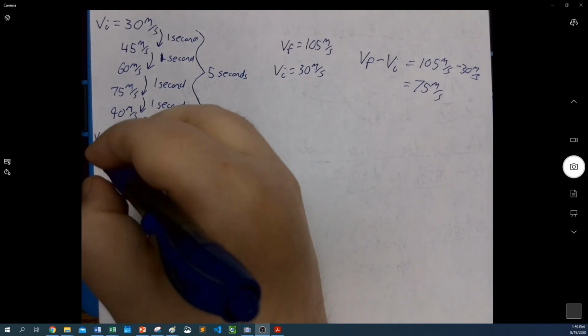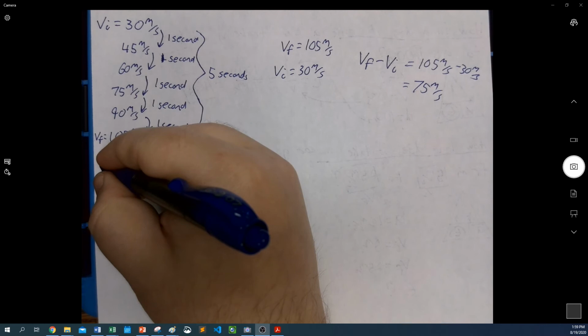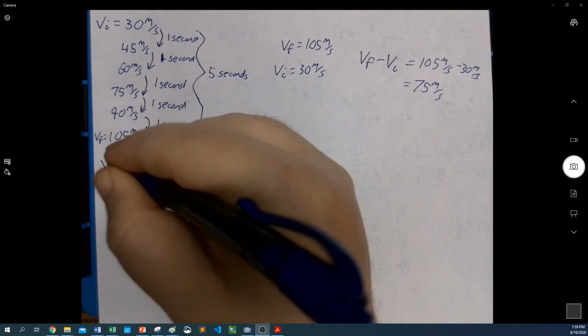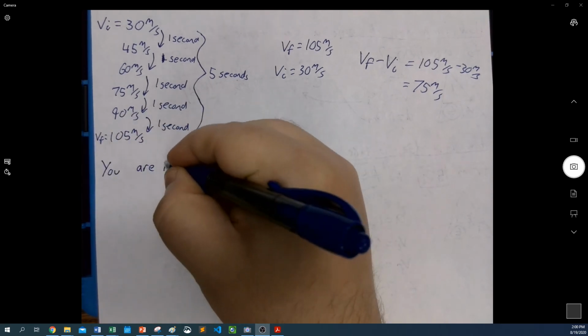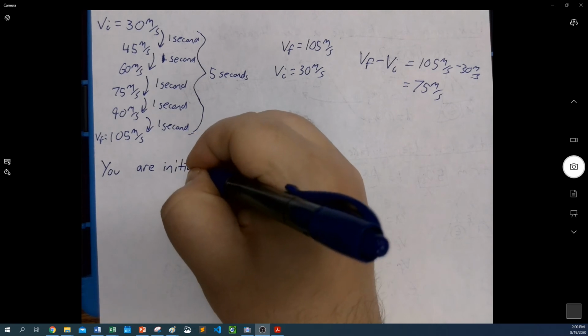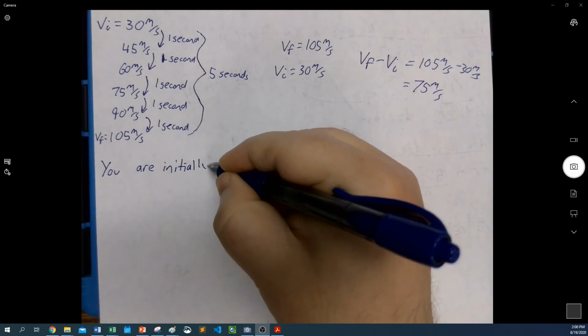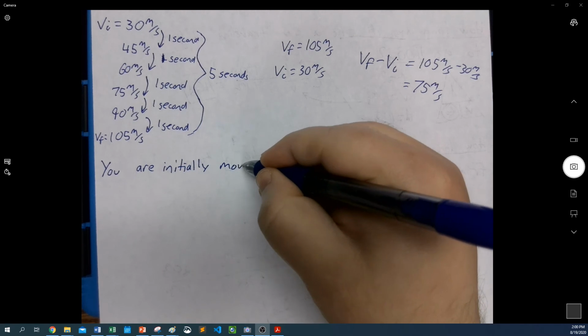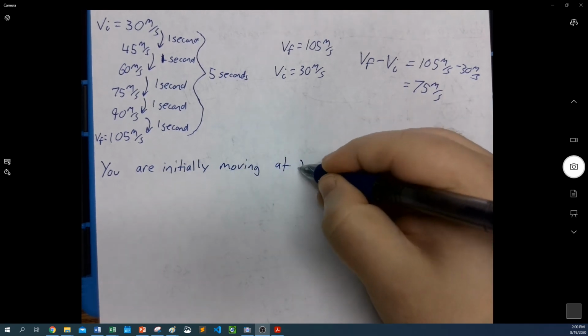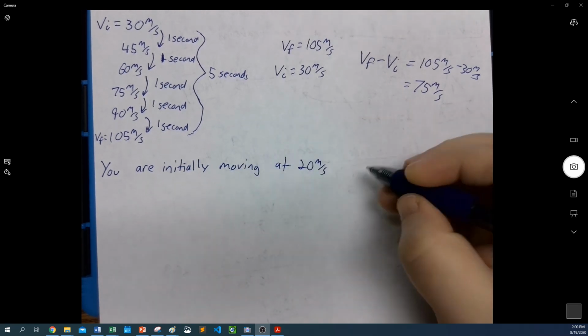So let's do a more challenging problem. You're initially moving at 20 meters per second.